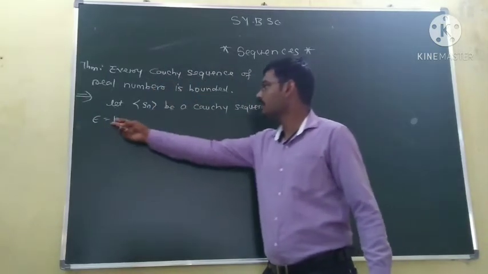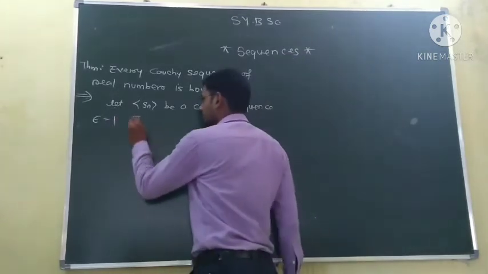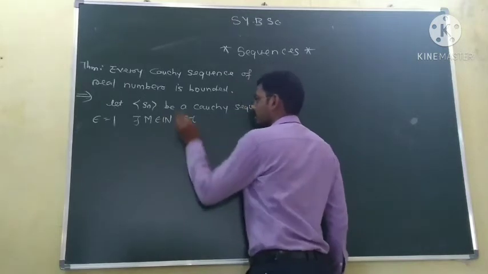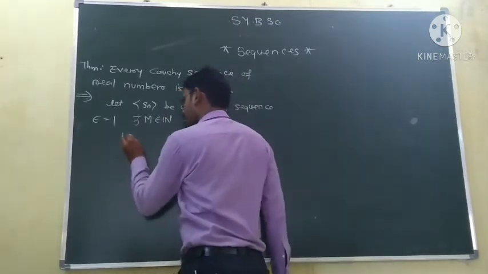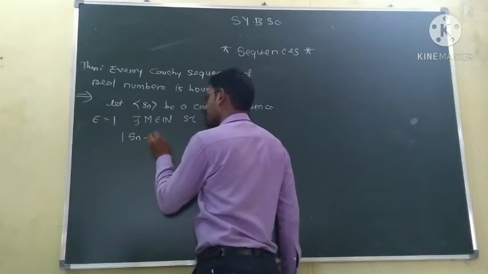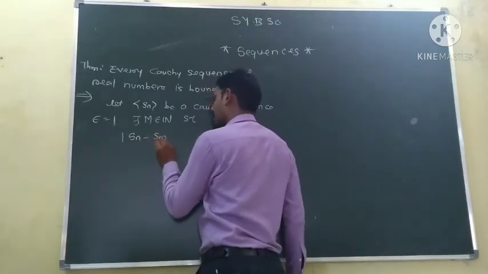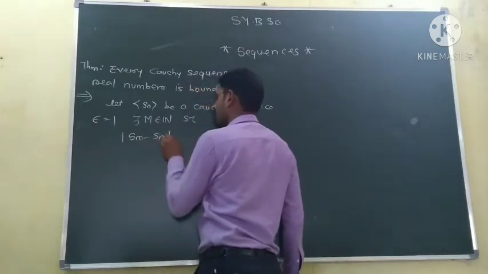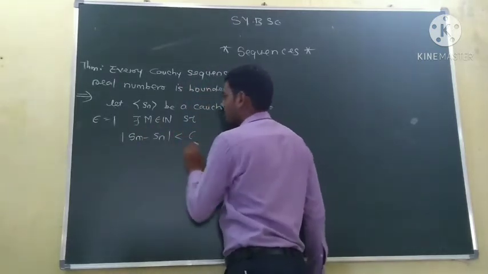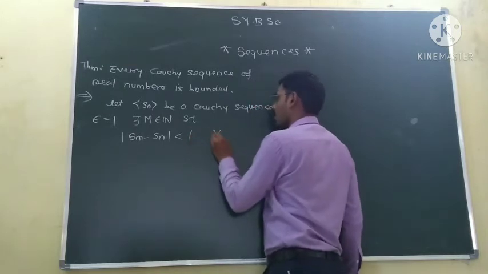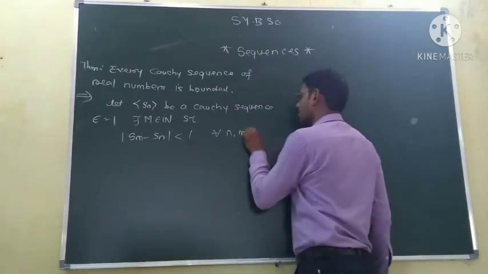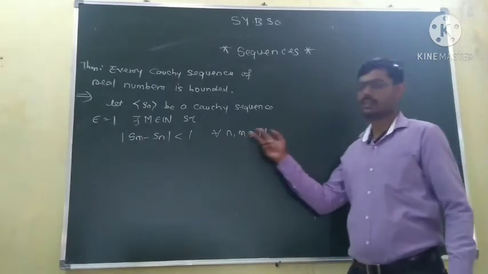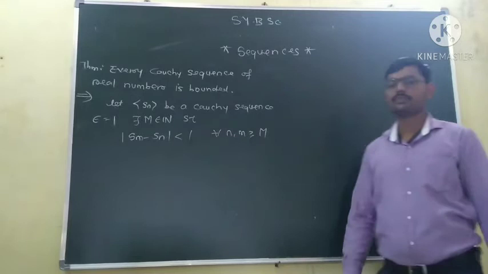For this epsilon greater than 0, there exists a natural number M such that the difference between Sn and Sm, or we can write |Sm - Sn|, is less than epsilon, which is 1, for all n, m greater or equal to this natural number M. This is by definition of Cauchy sequence.